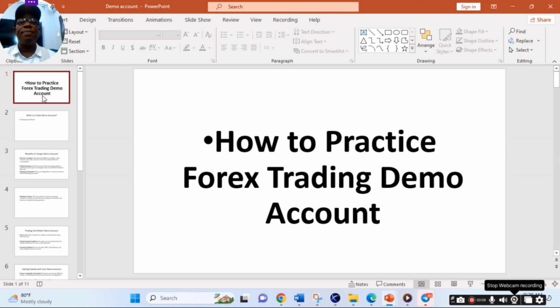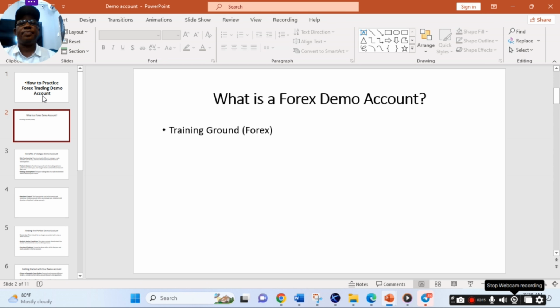So how do you practice Forex trading with a demo account? Before then, let us holistically look into what a demo account is. A demo account is a training ground, a practice ground, a section of forex trading where you trade without risk and familiarize yourself with what the forex chart looks like.